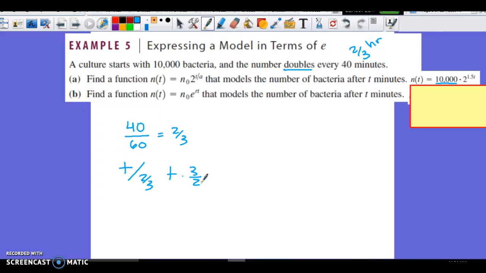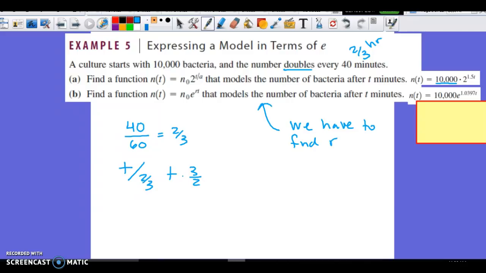So now you're going to find another equation using this formula, if it was a relative problem in terms of E, okay? So n sub 0 times e to the RT. Your n sub 0 is the same thing. E is just E. Your R, so in the second one, we have to find R. So what we're going to do is we know that it's doubling.